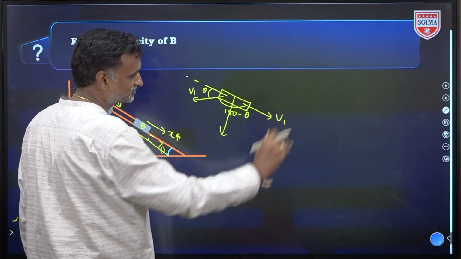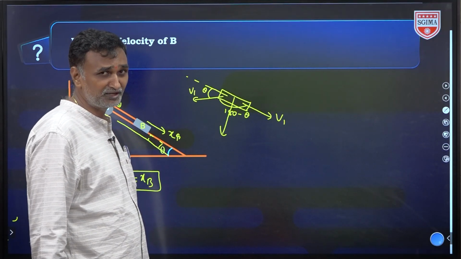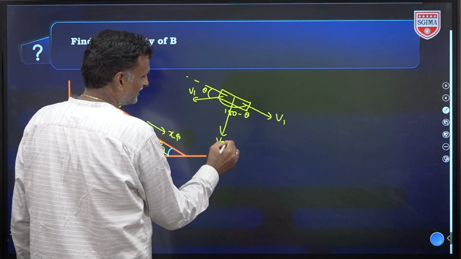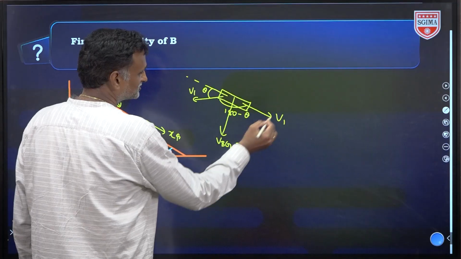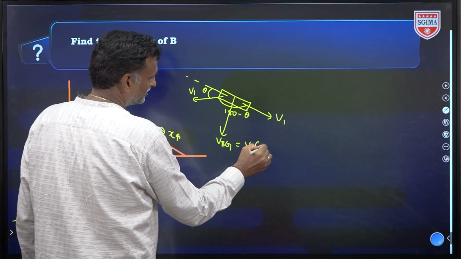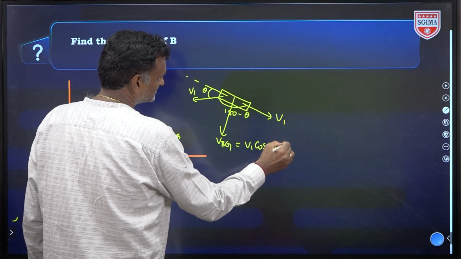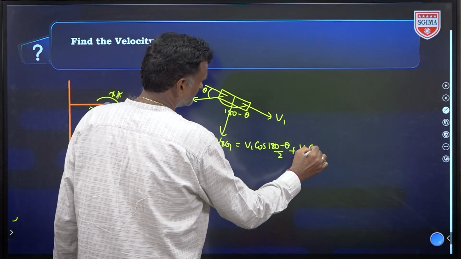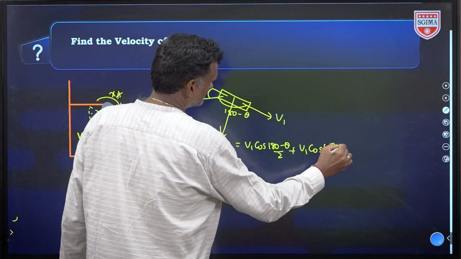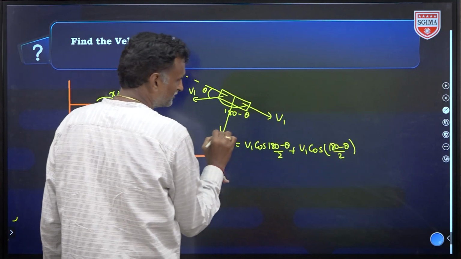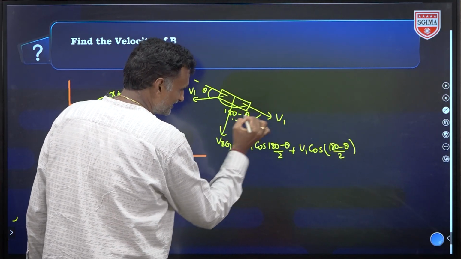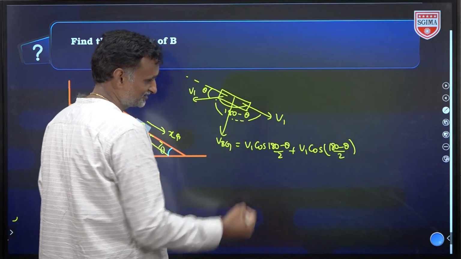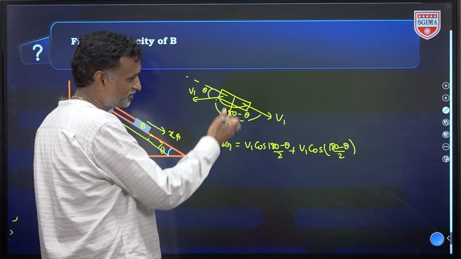We do not need vector addition for the magnitude; we can directly take components. The velocity of B with respect to ground equals V1 cos((180 minus theta)/2) plus its other component V1 cos((180 minus theta)/2), because this is exactly half, since the velocities are the same, so it acts in the middle.